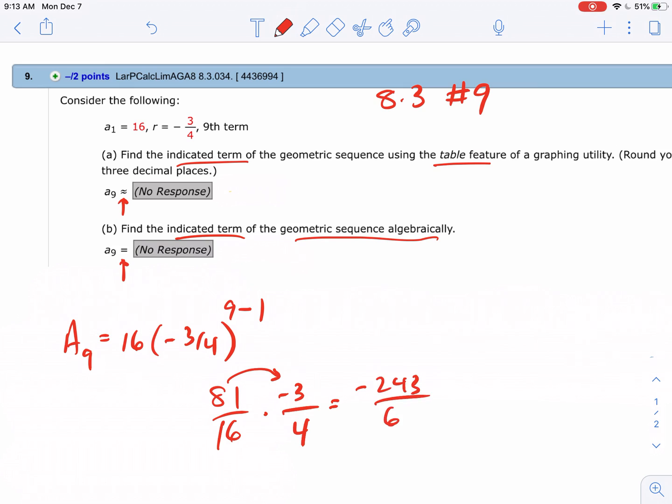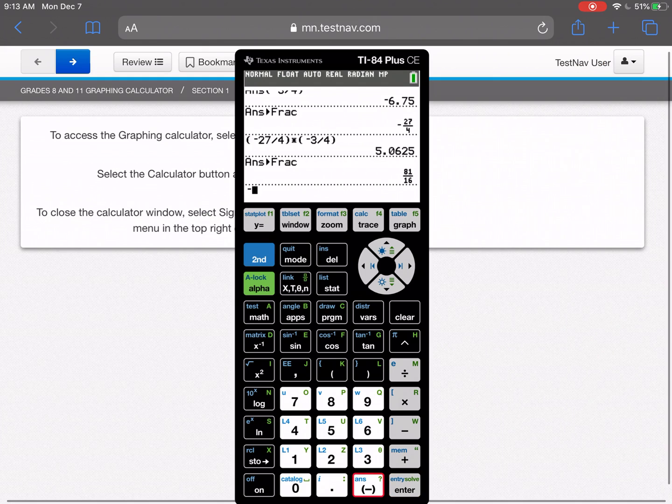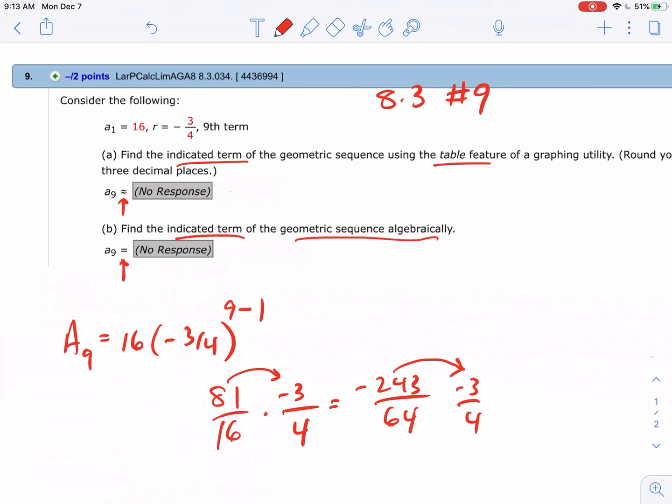And on the bottom, you'd have 64. And then you would multiply by negative 3 over 4 again. Multiply these two together, negative 243 times negative 3. So I'm getting 729 on top, and then what is that, 256 on the bottom. So you may have to create the top and the bottom looking at the pattern.